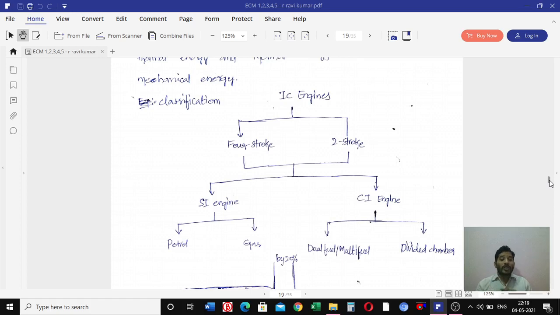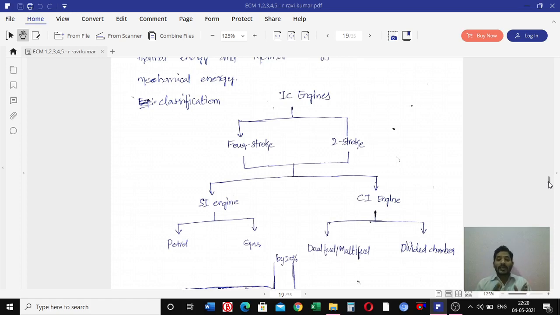These 4-stroke engines we are using nowadays in the Splendor and any vehicle that exists nowadays, as well as the 2-stroke engine. We already use these 2-stroke engines in the Luna nowadays, is it right?